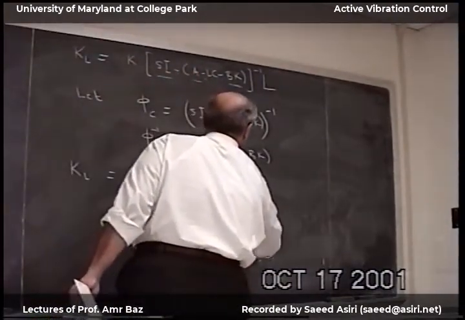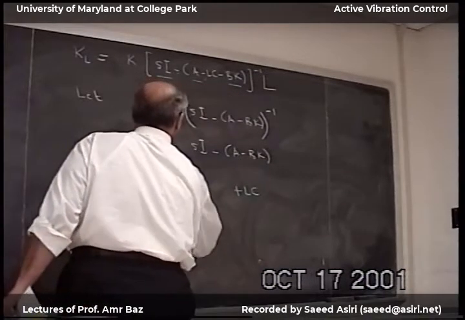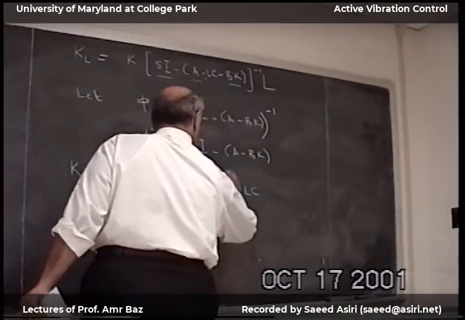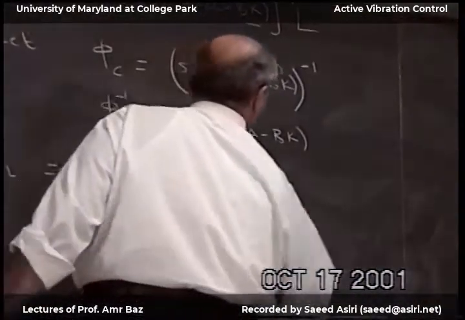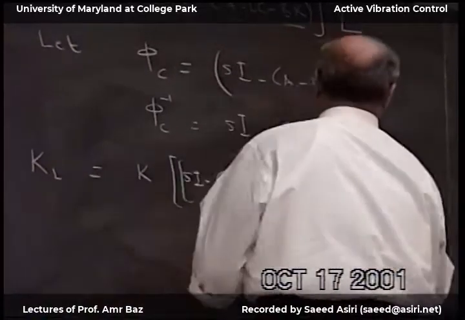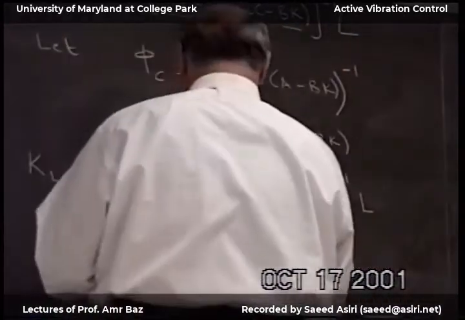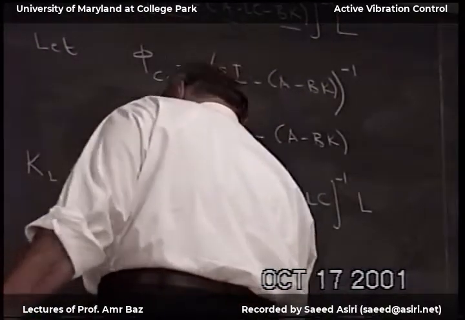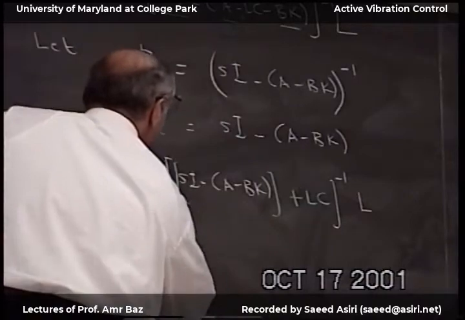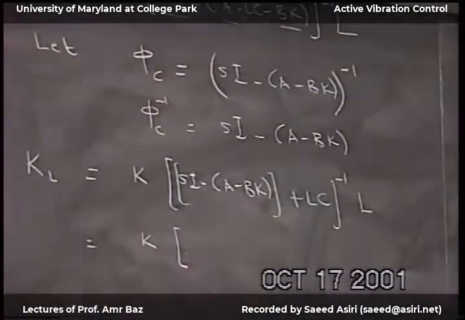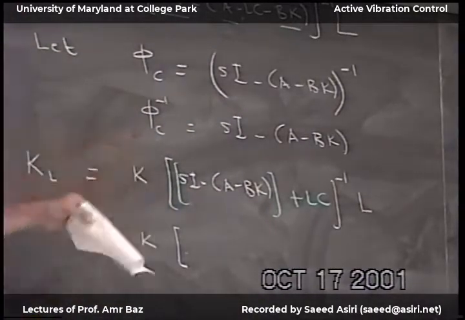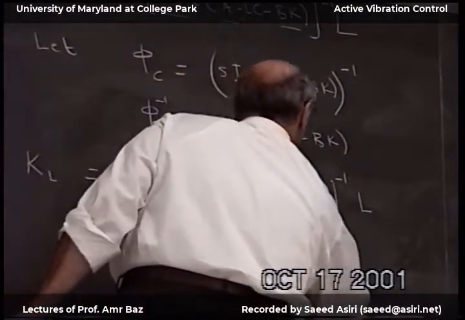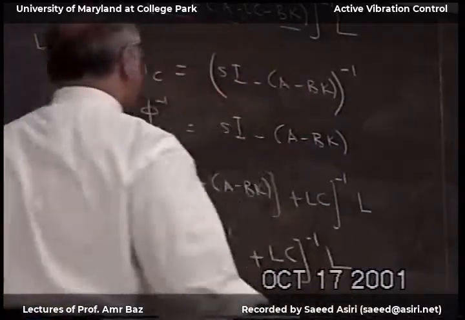So we have here plus LC and then SI minus A minus BK, and the whole thing is inverse, and here times L. So this will equal to K, and the term between the green brackets is the phi C inverse and L.